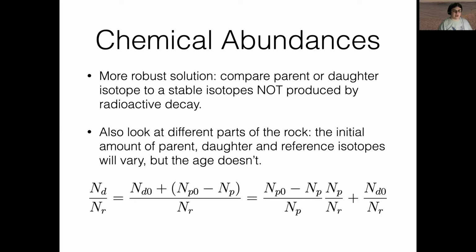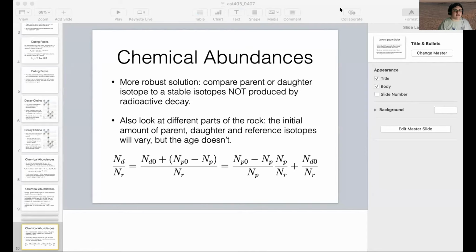What we can do, and I'm going to go back to the whiteboard. So let's assume our branching ratio is 1. Let's say we don't want to deal with that. So we have number of daughter equals number of daughter at time 0 plus the number of daughter isotopes produced by the parent.